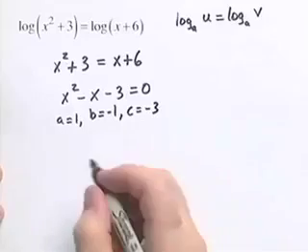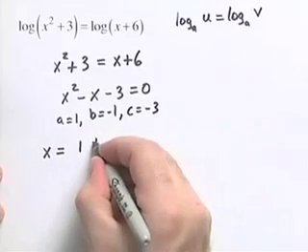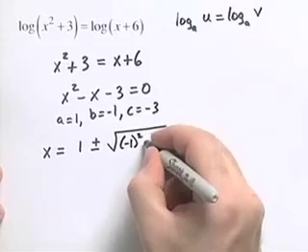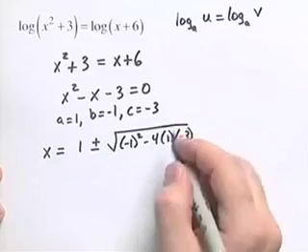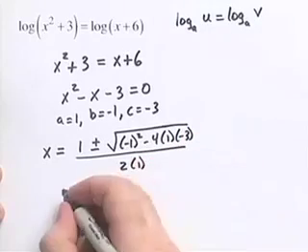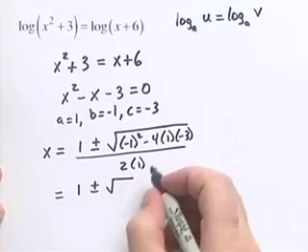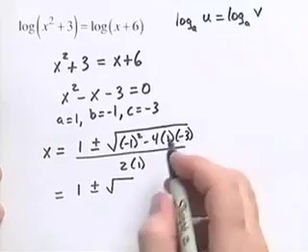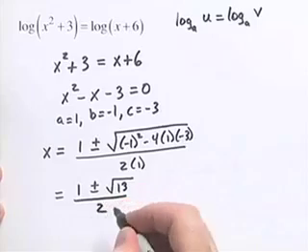If we plug these values into the quadratic formula, we get x is equal to 1 plus or minus the square root of -1 squared minus 4 times 1 times -3, all divided by 2 times 1. If we evaluate this inside, we'll have 1 plus 12, which is 13, and the denominator will be 2.